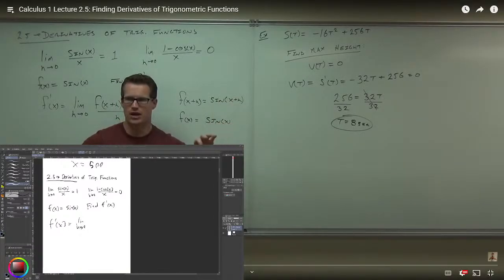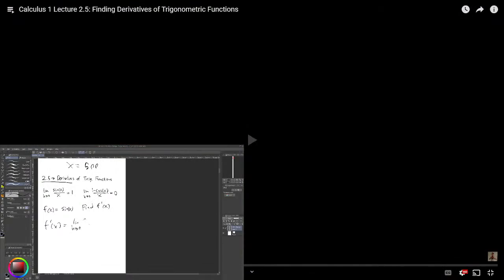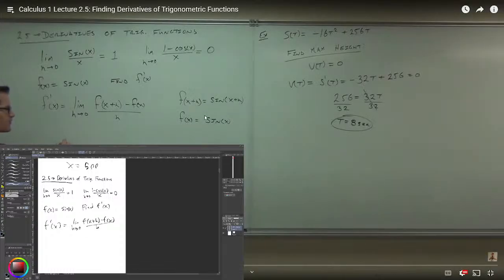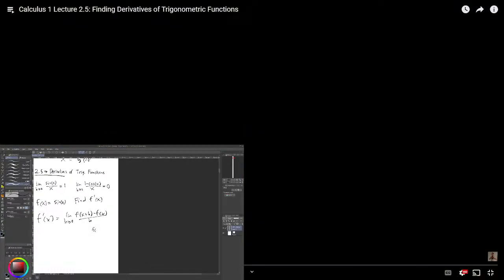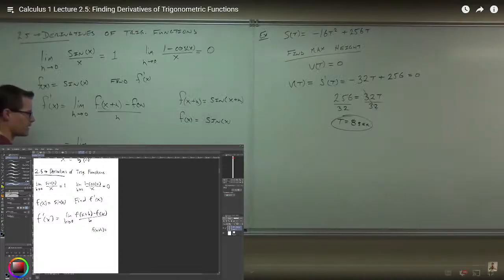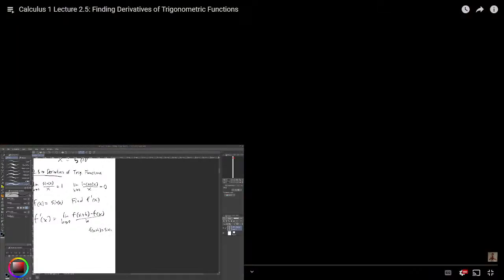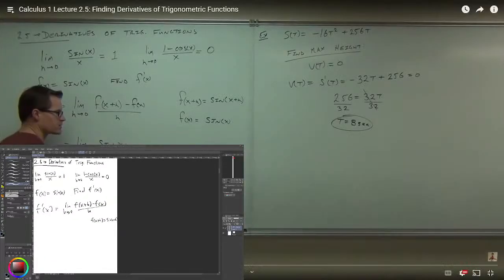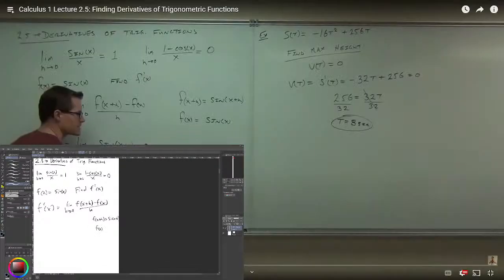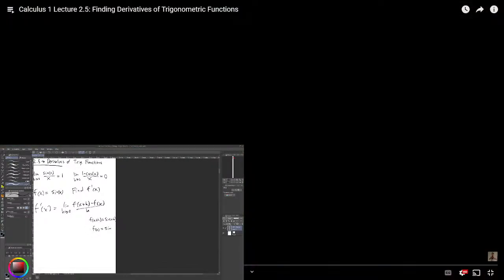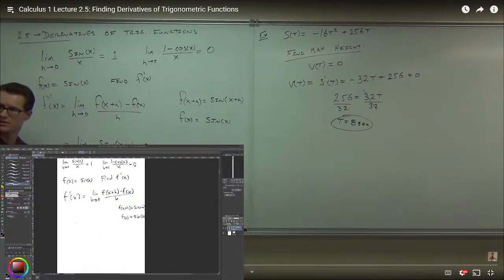And we will use a trig identity, but you can't just pull that h out, or just do sine x plus sine h. That doesn't work. So we're going to have to use a trig identity. I'll show you that later. But for right now, here's how far we've made it. We know that the first derivative will be the limit as h approaches 0 of sine of x plus h minus sine x over h. Are you okay getting down to that part, folks? You see where that's all coming from? Cool.